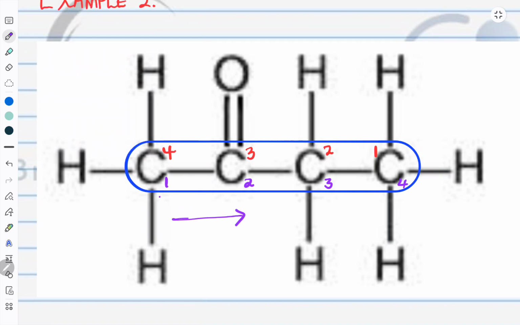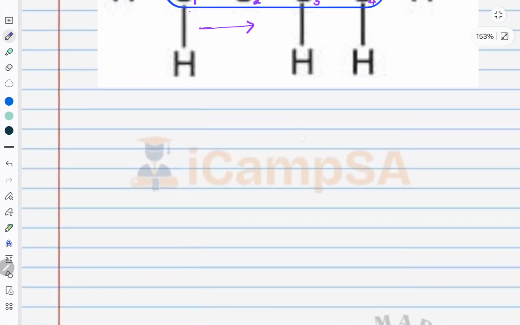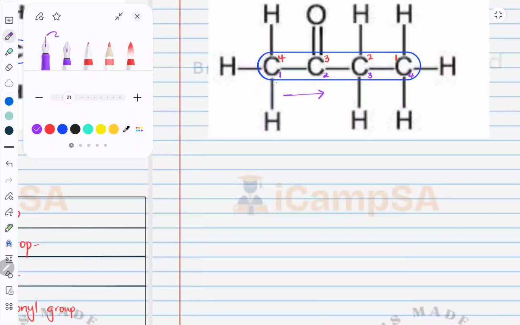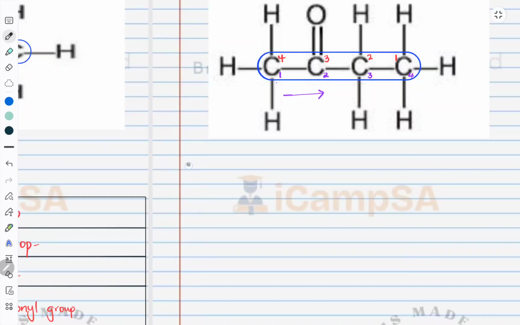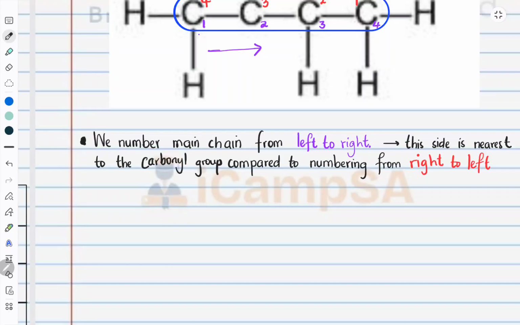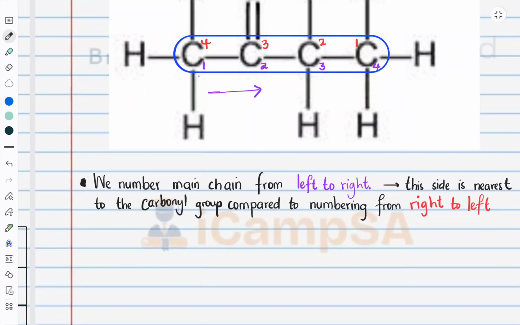So as a result, we will number going that way. Okay, so let's go ahead and use our table again and fill it. In fact, we must first mention that we are numbering from left to right because it's closer to our carbonyl group. All right, so now we've mentioned that we number the main chain from left to right because this side is nearest to the carbonyl group compared to numbering from right to left.